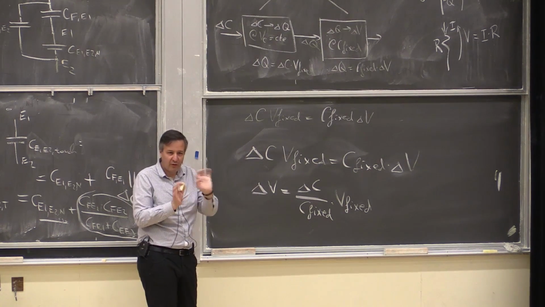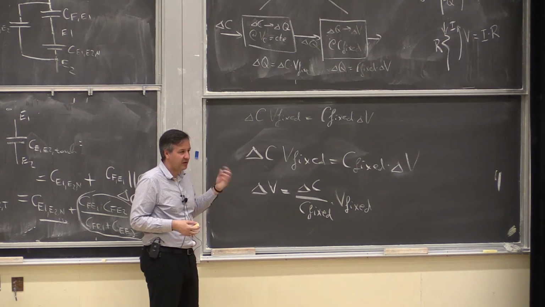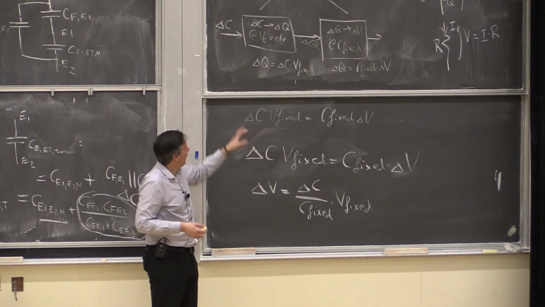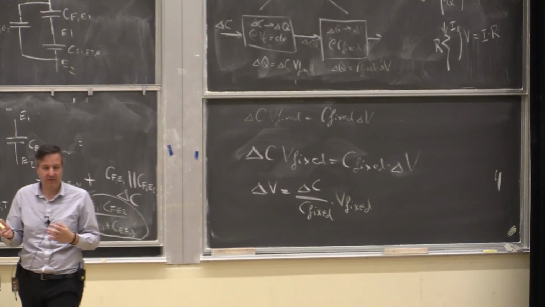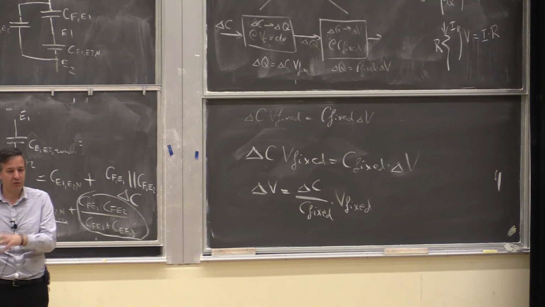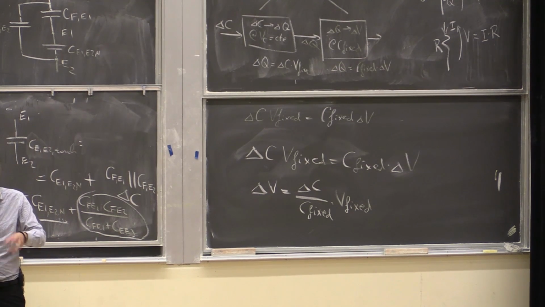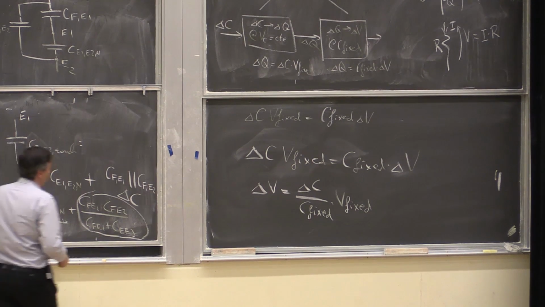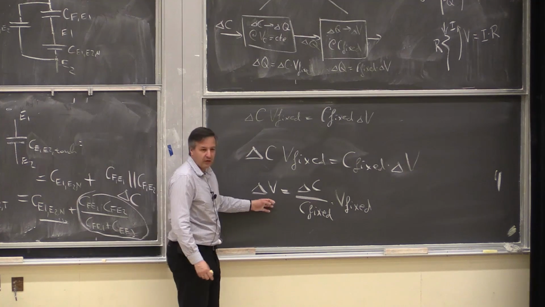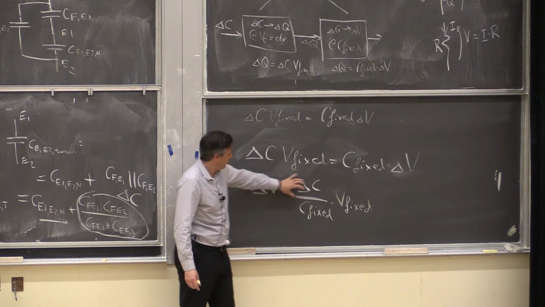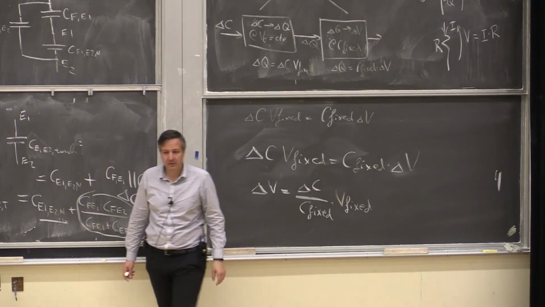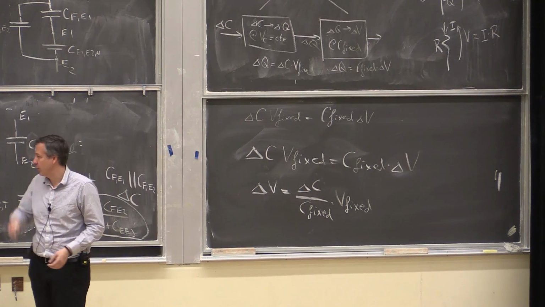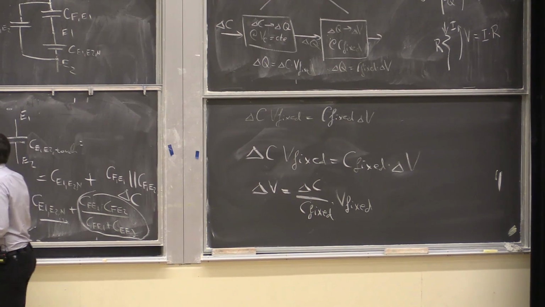We're going to solve it in gory detail, but it helps to do this on the back of the envelope to see what quantity can convert to what other quantity, and then you break it up. But we see here that we can indeed get delta V to be proportional somehow to delta C. And that's what we're going to aim to create.